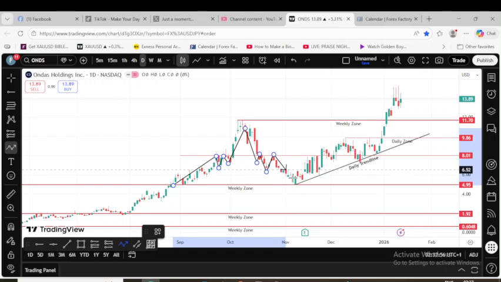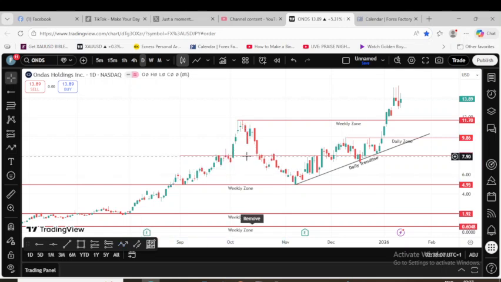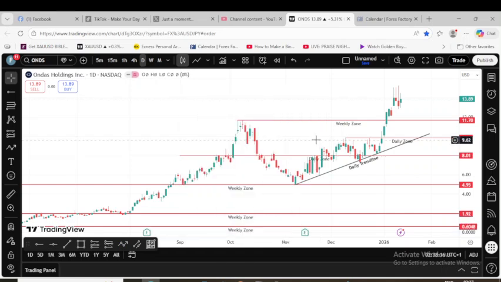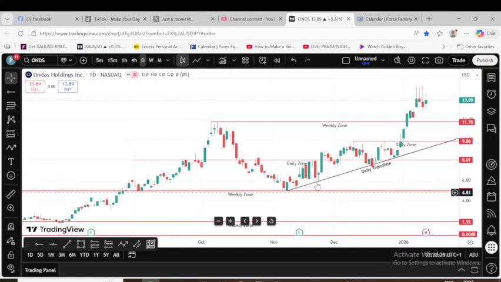So this is a relevant zone. There might be another zone here, but it's not very clear. Okay, so we've identified our zones.